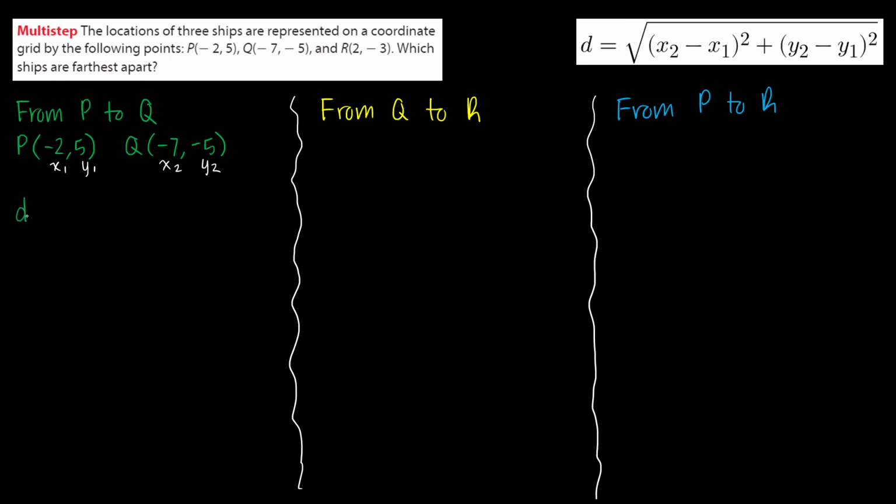So the distance is going to be equal to the square root of (x2 minus x1) squared. So x2 is -7 minus x1, which is -2, square that, plus (y2 minus y1), so -5 minus 5 squared.